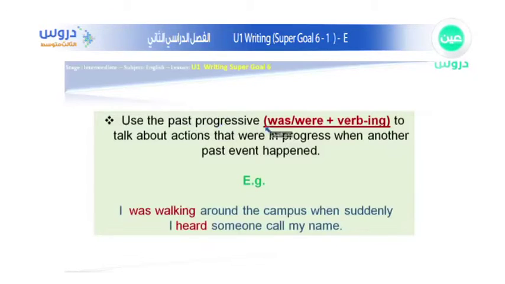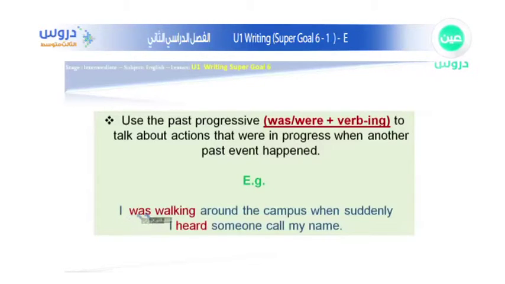Use the past progressive to talk about actions that were in progress when, this is very important, when another past event happened. So, a past event happened, and while it's happening, another thing is happening. So, actions that were in progress when another past event happened.